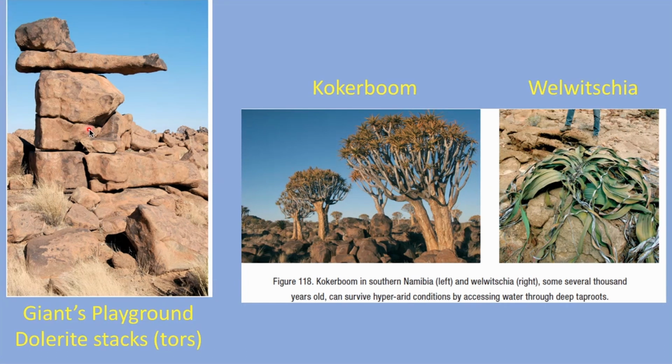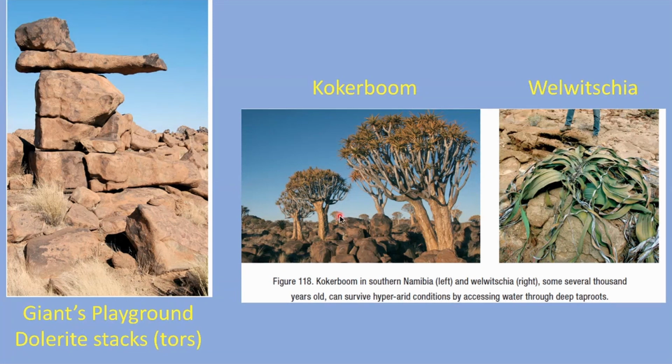Remember, we talked about the breakup of Gondwana and the origin of the West Coast about 130 odd million years ago, and these would have been associated with that. And this is their weathered expression on the surface, and they can be quite spectacular.